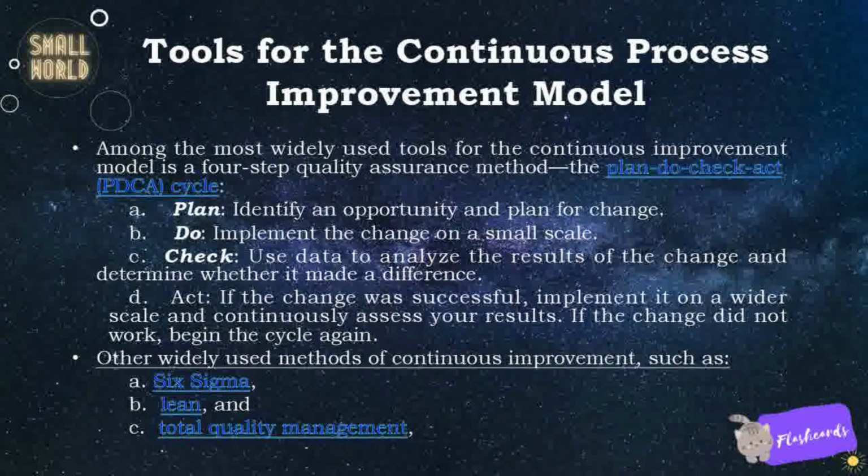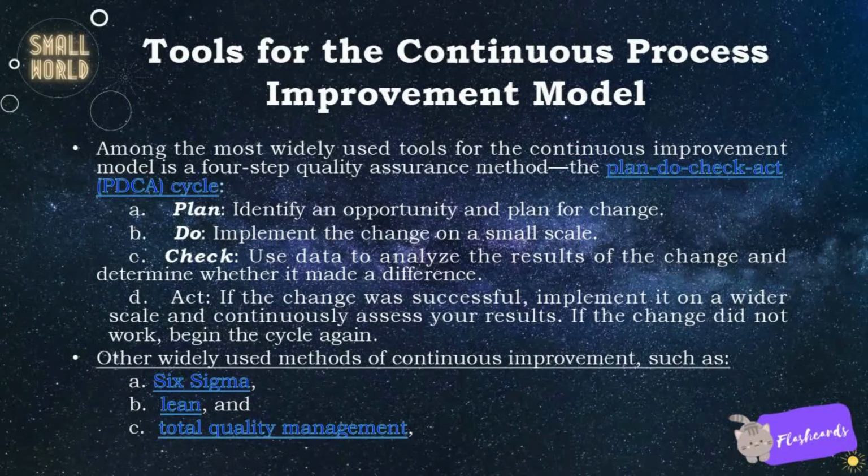Tools for the continuous process improvement model. Among the most widely used tools is a four-step quality assurance method, the Plan Do Check Act, PDCA, cycle. A. Plan. Identify an opportunity and plan for change. B. Do. Implement the change on a small scale.